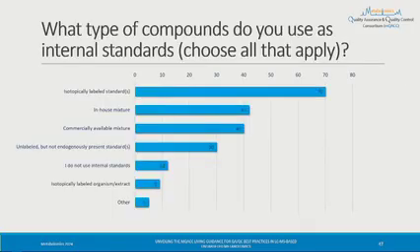So, to show you a few of the polling results that we obtained when we talked about internal standards in previous interactive forums. You can see here when we ask the community what type of compounds they're using as internal standards, a large number is using isotopically labeled internal standards.